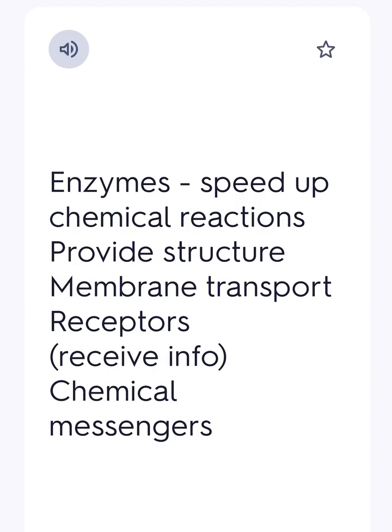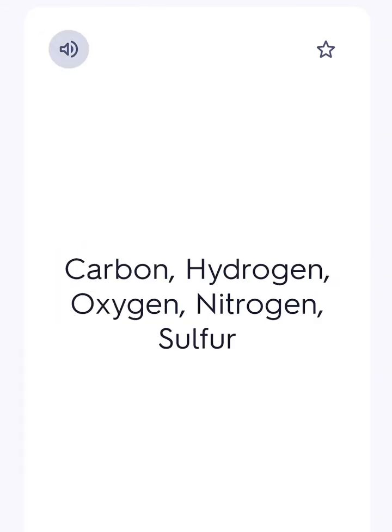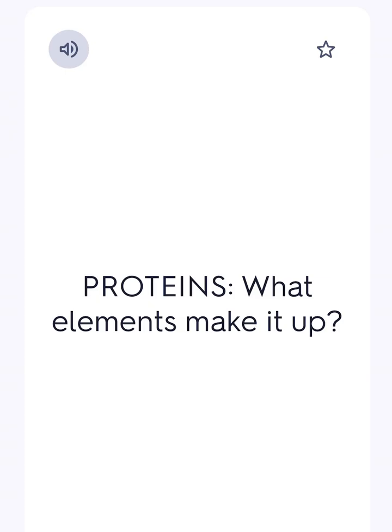Peptide bonds. What do they do? Enzymes, speed up chemical reactions, provide structure, membrane transport, receptors, chemical messengers. What elements make it up? Carbon, hydrogen, oxygen, nitrogen, sulfur.